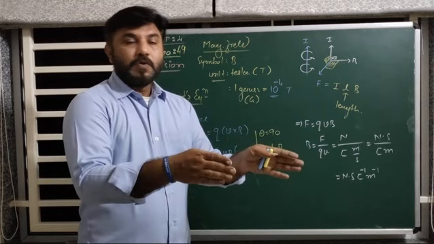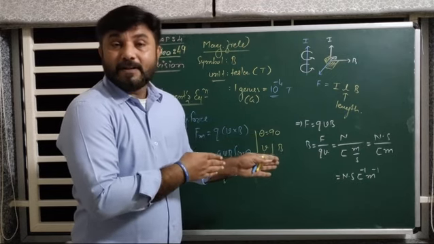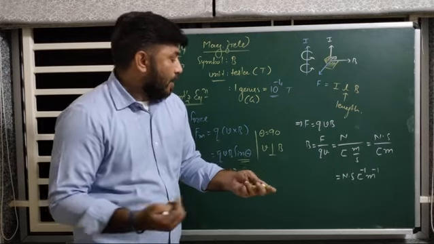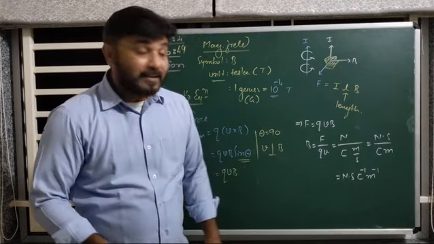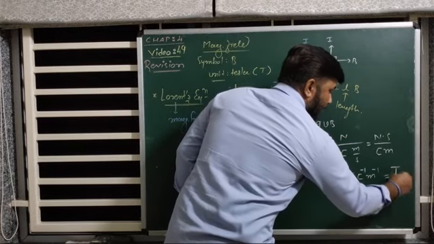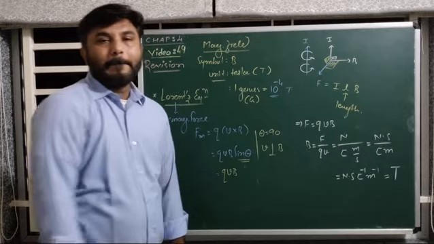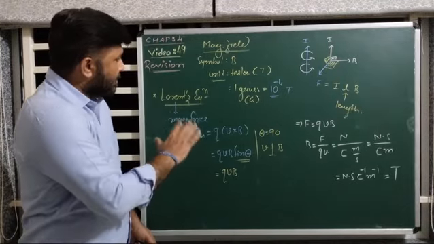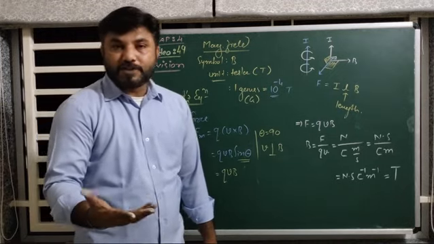Put the values of the individual dimensions and then you will get the dimension formula. And this unit was named after a scientist, Tesla, so it is also known as T for Tesla. Clear? So let us see a few small questions.